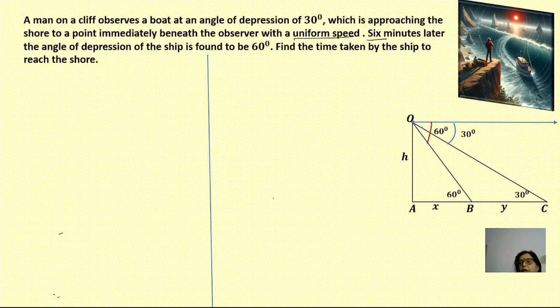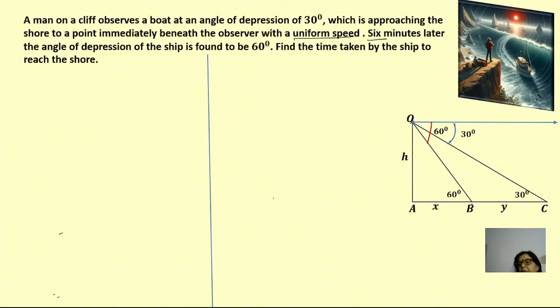So now, if we draw the geometrical figure over here, this is the horizontal, the observer is at this position. This is the height of the cliff, AO, and this is represented by H. And initially, when he looks down at the ship over here, the angle of depression is 30 degrees.